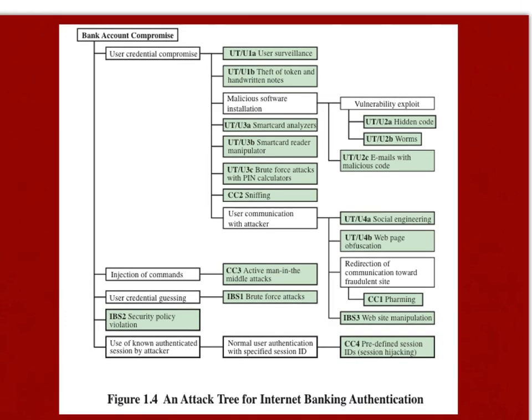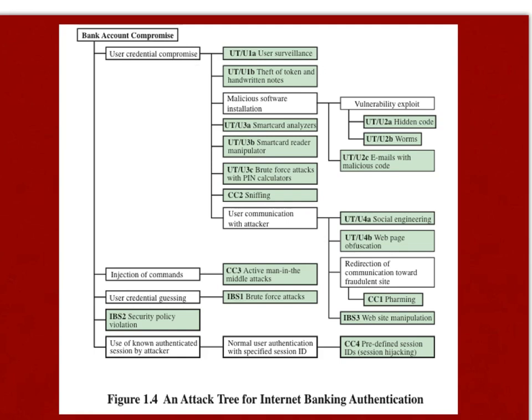Let's say we said attack the bank account compromise. So I can do bank account compromise by dividing that into sub-objectives. These sub-objectives, usually any one of them can achieve that objective. So for example, I can do that using some user credential compromise.